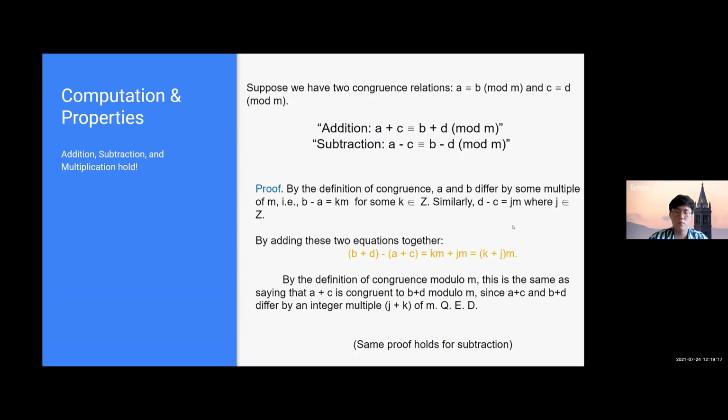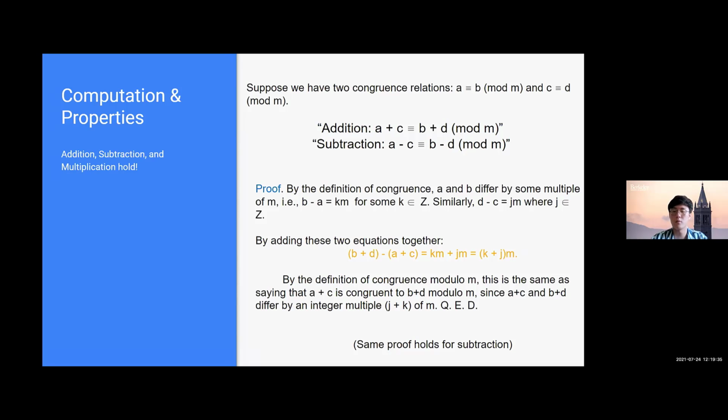You can think of this by the definition of congruences we just talked about. A and B differ by an integer multiple of M. So you can think of the difference of B and A as an integer multiple of M for some integer K, where Z stands for the set of integers.